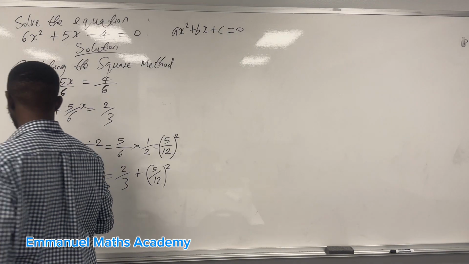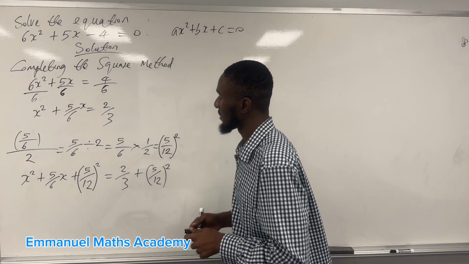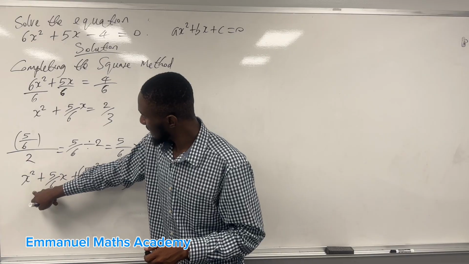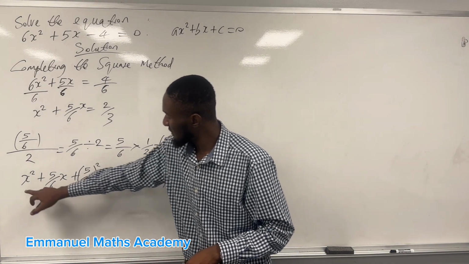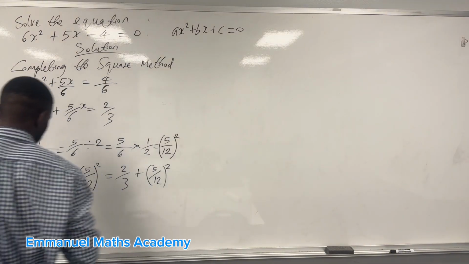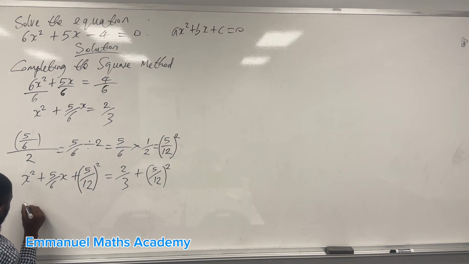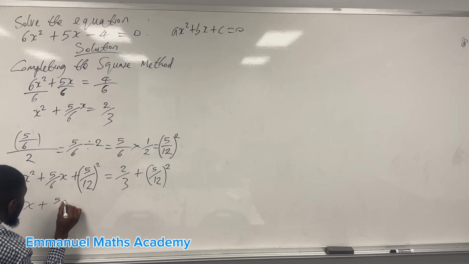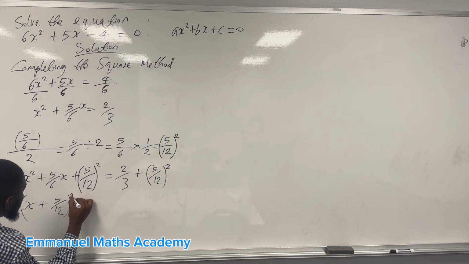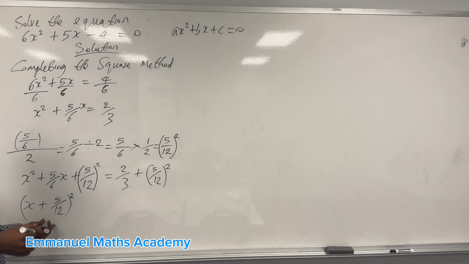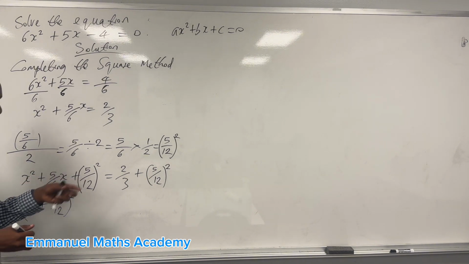Right? So from the left hand side of the equation, you want to take the terms that have square. You have x here, you have 5 over 12. You have x plus 5 over 12 all squared. From this, if we expand this, you get all these things.